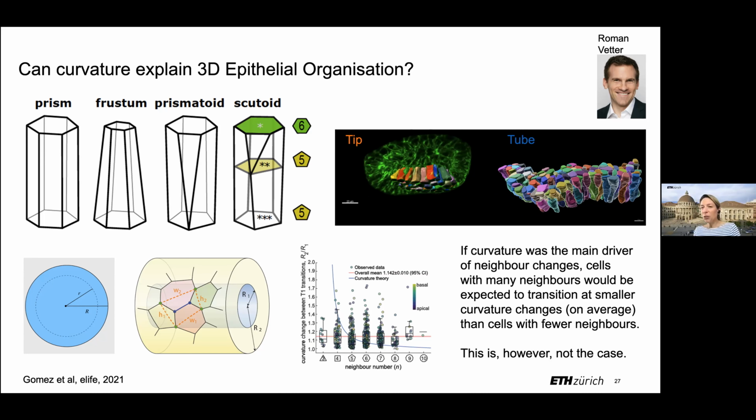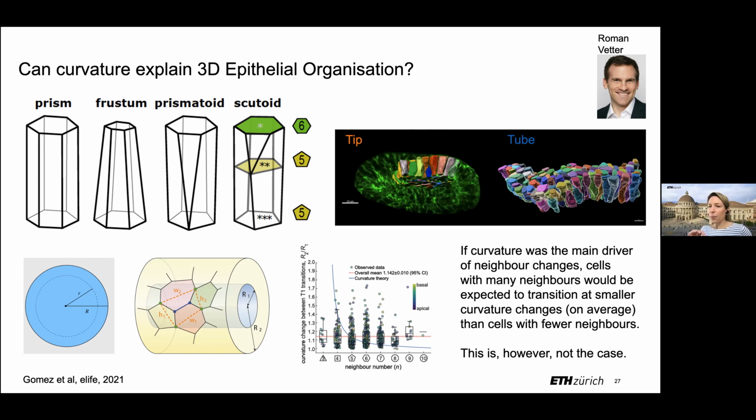I'm not gonna show you the exact theory. Maybe that would have been the right place here for the ESTMB, but I'm gonna skip that, and just give you the intuition. As you're going down, as you're going to the inside, as I said, the aspect ratio changes. And what we then asked was, how much of a curvature change do you need to trigger a neighbor change, depending on whether the cell has a small number of neighbors, like 4 neighbors, or whether at that place it has already 10 neighbors.